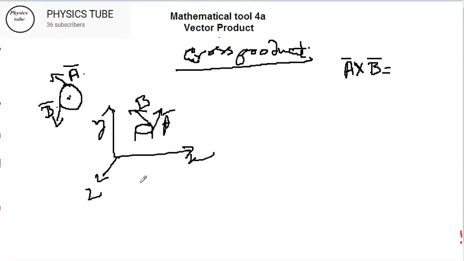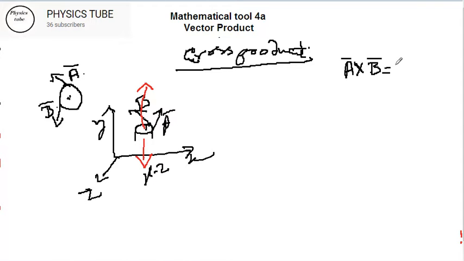A and B are parallel to this, meaning they are lying on the XZ plane, and I'll change color to show you very clearly that the resultant will be in this direction along the Y axis, perpendicular to both A and B. Remember, the Y axis is always perpendicular to the XZ plane in all conditions. If I reverse the direction of A and B, that means closing the cap, the cap goes downwards, so it becomes minus Y. So this type of vector product is known as the cross product.